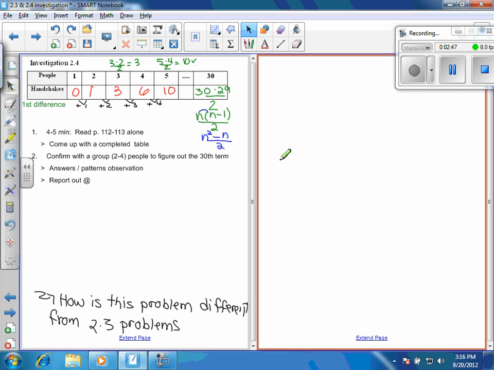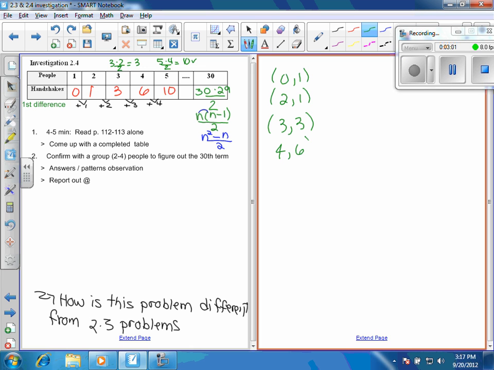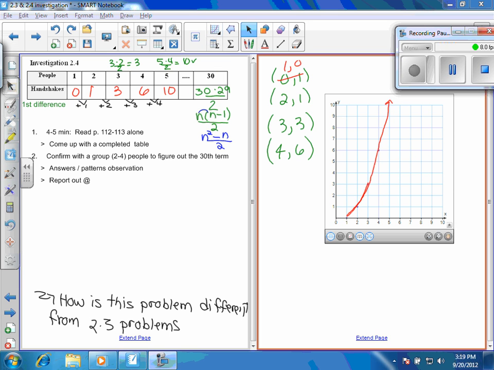So if I plotted some of these points, the point 0, 1, and then 2, 1, and then 3, 3, and then 4, 6. I don't know if that would work up here. Let's pause this for all the time.